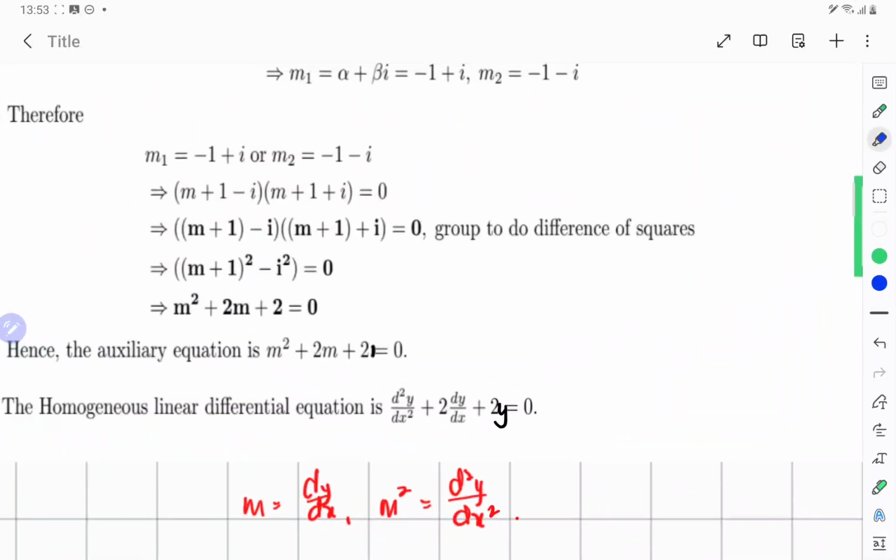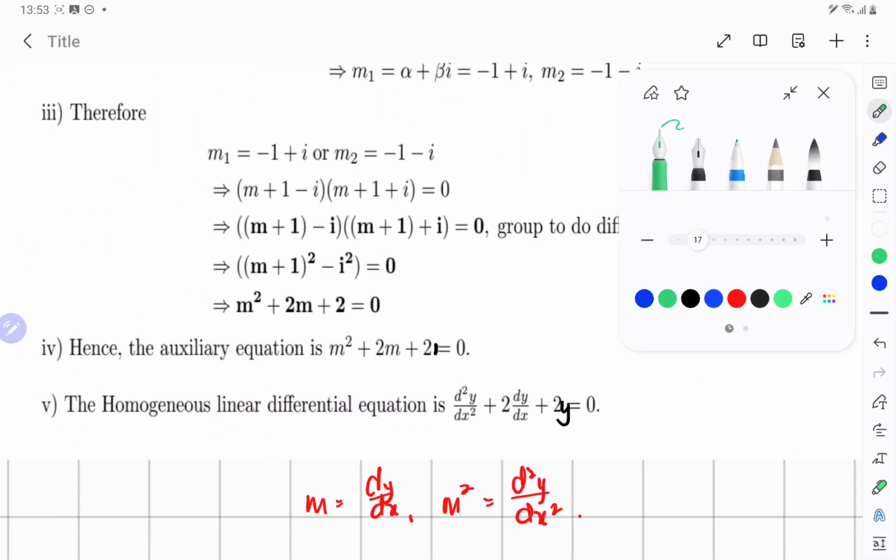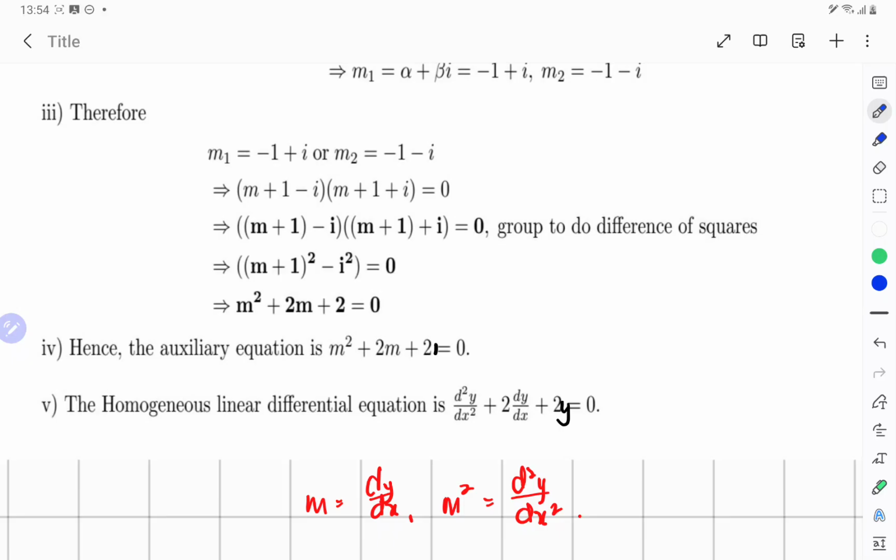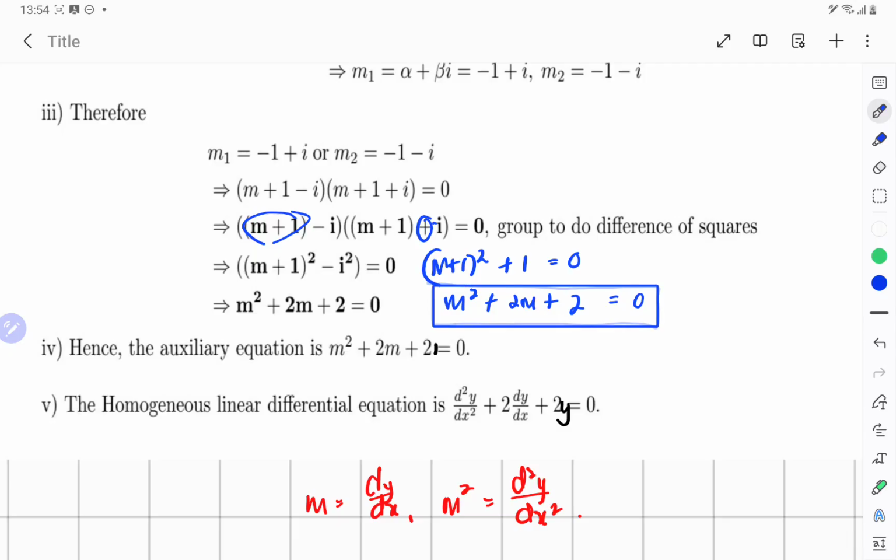So what I could have done here as well, I see that I have m plus 1, so I square it, and I see the coefficient of i is 1, so I just go plus 1 squared. And if I times that out, I will get the same characteristic equation.